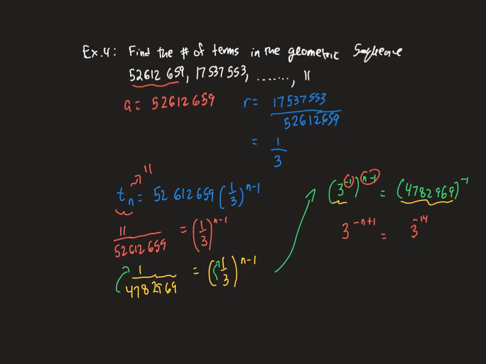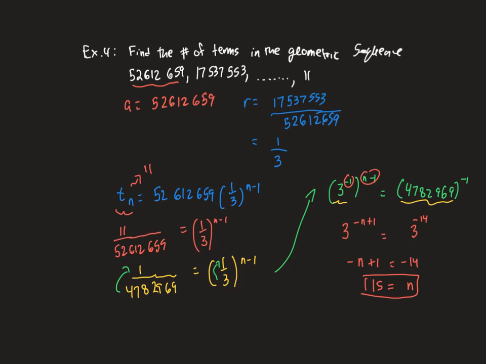Okay? So, bases are the same. So you're going to have negative n plus 1 is equal to negative 14. Let's turn some things positive here. So you're going to get n is equal to 14 plus 1, which is 15. So again, a little bit more involved, but same conclusion.